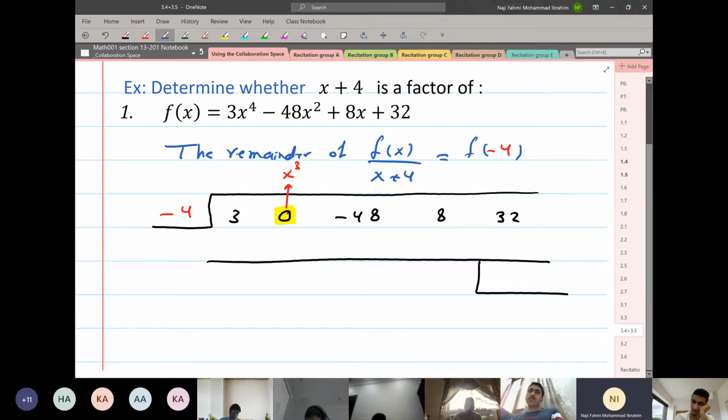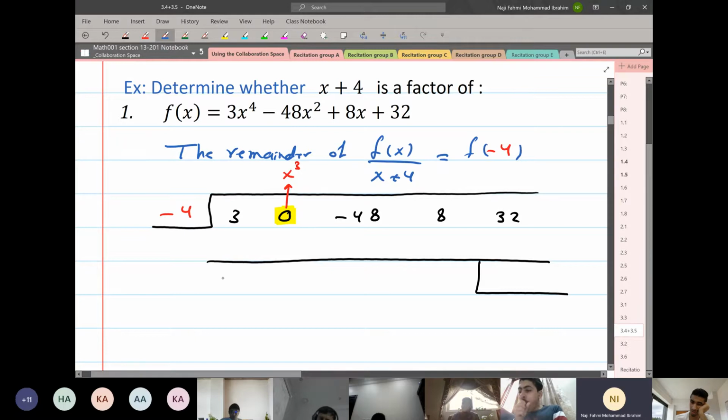Give us the numbers. What should I write? The number will be negative 12. Continue, give me all the numbers.